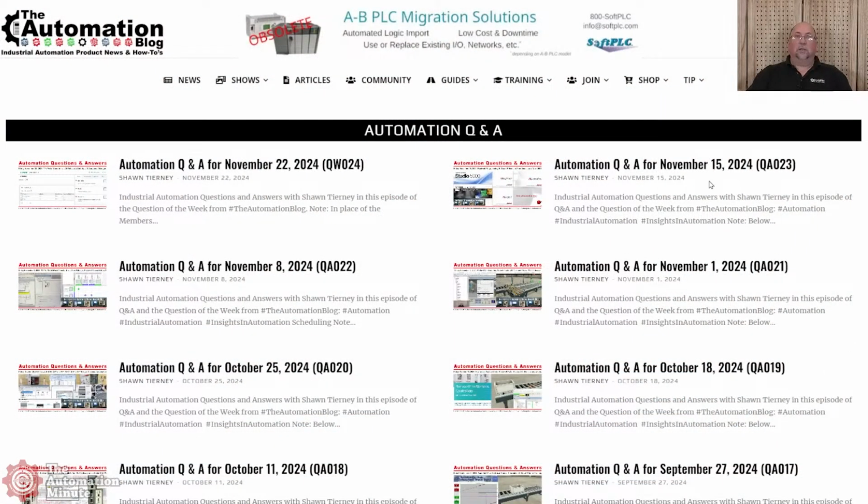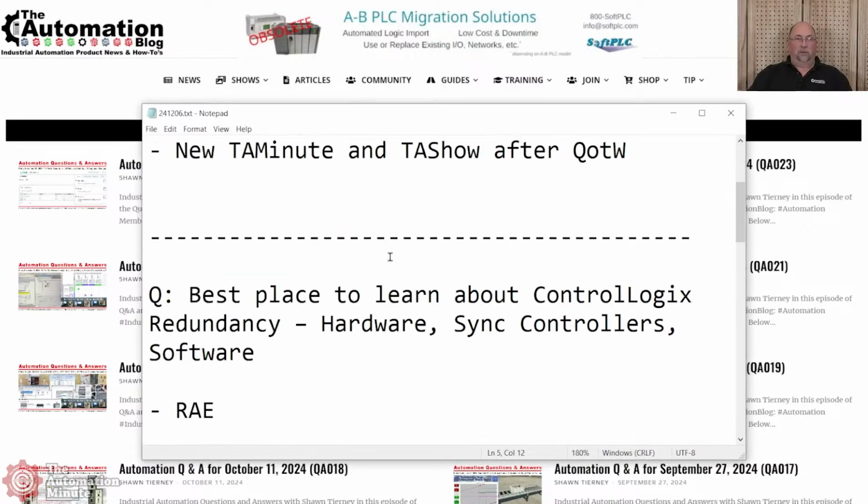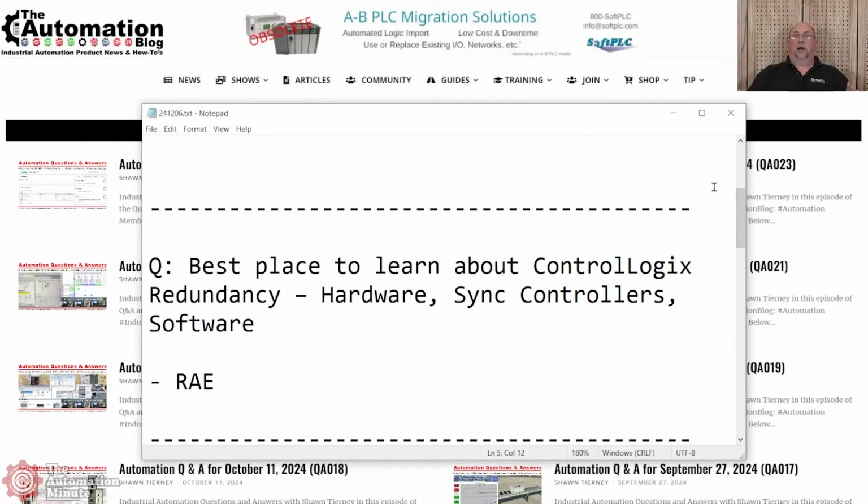Let me see if I can bring up the question of the week. Okay, I think I covered all my notes. So this question came in. He's like, "Look, I know that most people don't have a ControlLogix redundancy. Maybe 1% of the people who have ControlLogix have a redundant system, but how do you learn about redundancy?